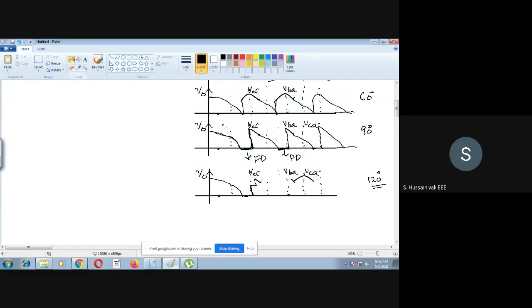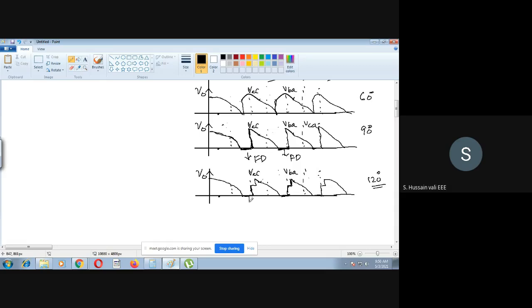In this step, voltage is 0, then current is 0. Then there is a small step you will find out. Similarly, this you will find out.